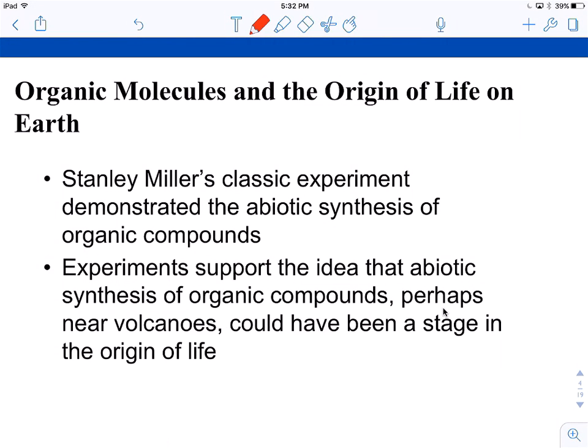All right, so let's look at how, at some point, life evolved. We'll talk about that in the spring more, but in order for life to occur, the organic molecules that make us up had to exist. And so Stanley Miller is this guy who did this classic experiment. Whenever you see the words classic experiment, you have to think to yourself, this is something I need to know.